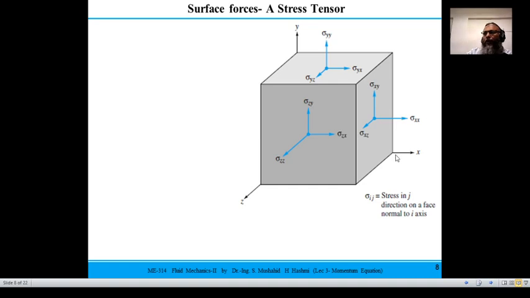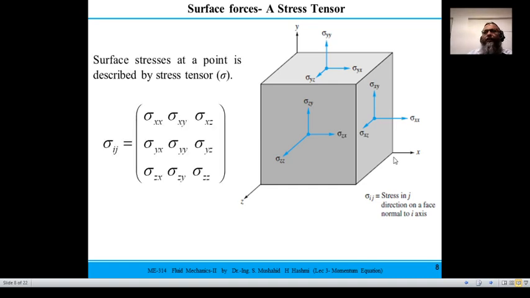So we have a stress tensor. You already have studied in your solid mechanics course as well. So this is a tensor which is representing 9 components. So this quantity stress can be defined if we have a knowledge of these 9 components.